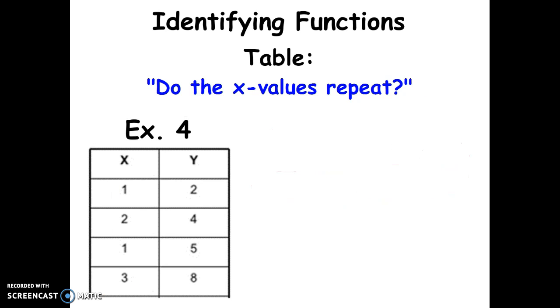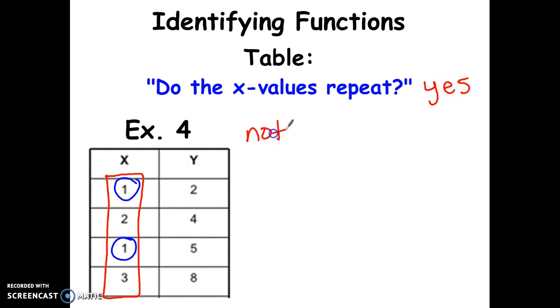Example 4. Again, we're going to look at our x values. And our x values are 1, 2, 1, and 3. Now, when I look here, I see the number 1 twice. Okay? So do the x values repeat? Yes, the x values do repeat. So this is not a function.